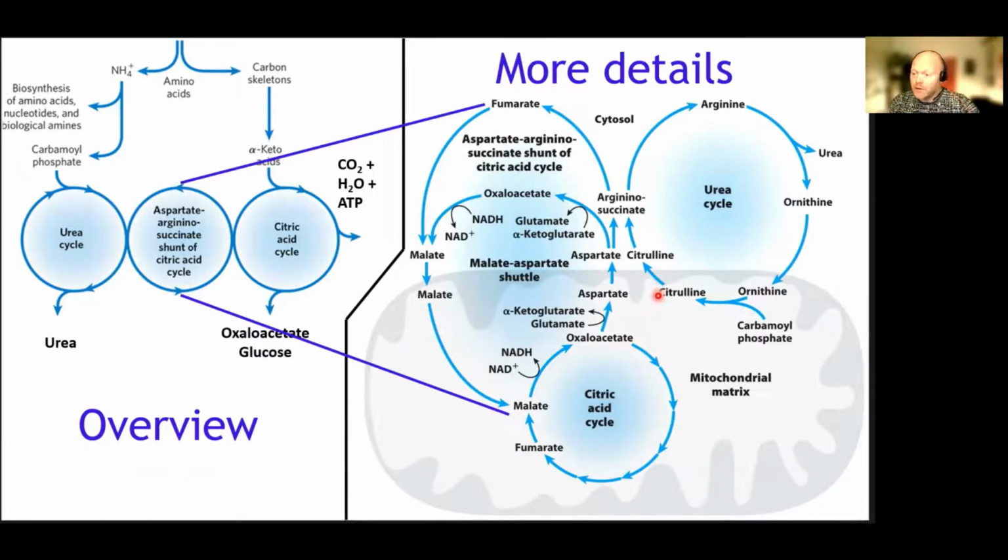At this point, you might ask what determines the pathway of oxaloacetate. So what actually determines whether a pathway will go this way or this way? Why does it sometimes go into the urea cycle to donate nitrogen and sometimes not?